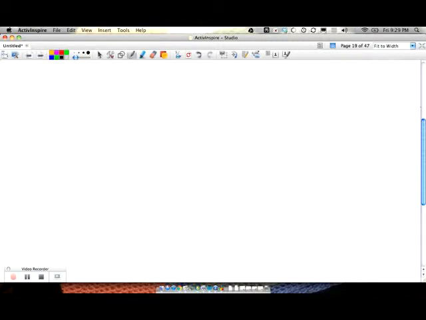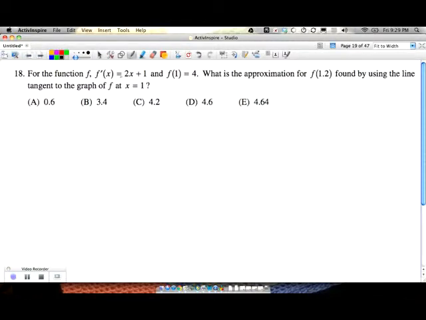For the function f prime of x equals this, and f of 1 equals 4, was the approximation f of 1.2 found by using the line tangent to the graph of f at x equals 1. Oh, okay, so they gave us the derivative, and they're saying that f of 1 equals 4.